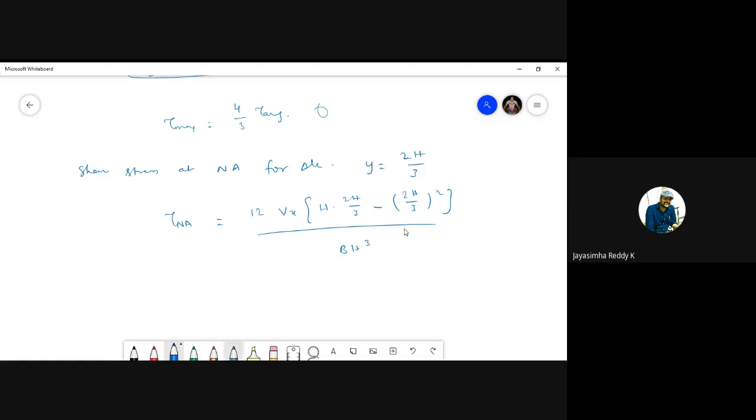If you simplify this equation, students, you'll get 24Vx by 9bh. So this can also be simplified as 8Vx by 3bh. If you can remember this equation too, tau at neutral axis for triangle is 8Vx by 3bh.